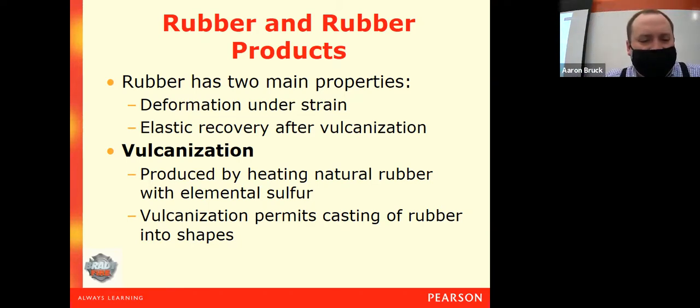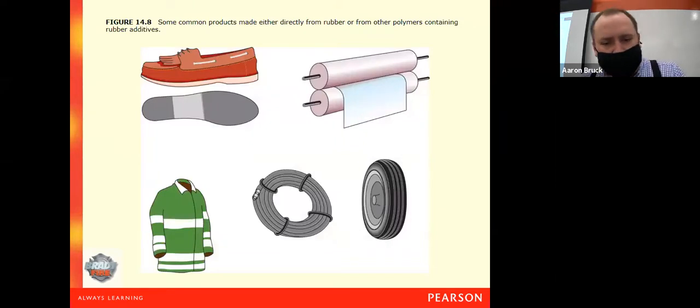With vulcanization, you can then take the resulting rubber that has been strengthened and cast it into a number of different shapes, and those shapes will actually hold their shape once the whole thing sets. And so here are some of the different kinds of products that are made using rubber or rubber additives.